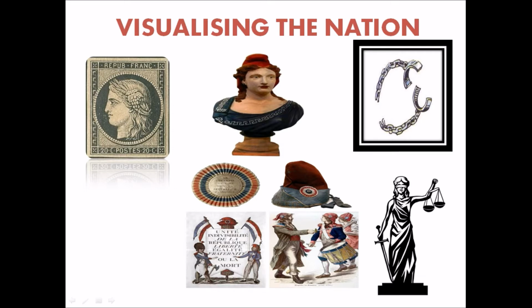Visualizing the nation. During the 18th and 19th centuries, artists tried to give a face to the nation. For this, they started portraying it as a person, especially a female figure. The female form that was chosen to personify the nation did not stand for any particular woman in real life.